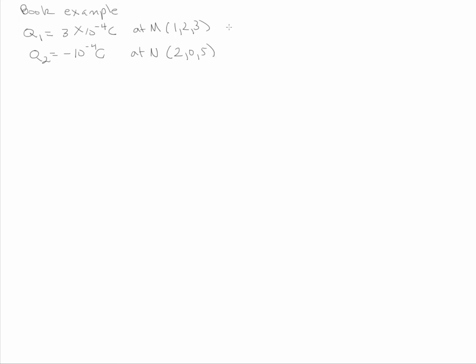So this would translate into an R1 vector equal to AX plus 2AY plus 3AZ. And this would translate into an R2 vector of 2AX, and there's no Y component, plus 5AZ. And then we have to make our R12 vector.